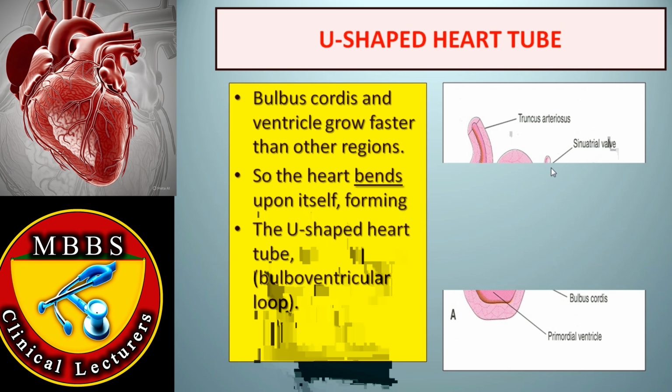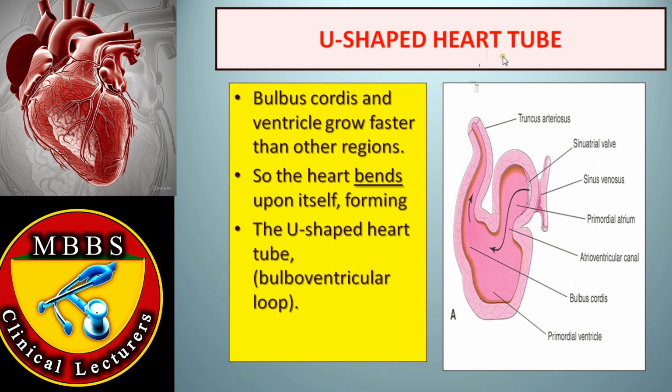So what happened when the dilatation occurred? The proliferation of the heart tube started, and the site where the proliferation or enlargement of the tube occurs is very confined, or very small. So the tube gets folded on itself in the form of a loop, and that is called the bulbo-ventricular loop.